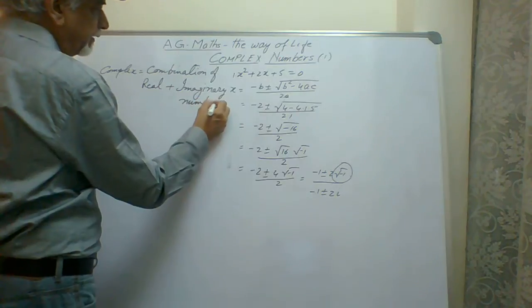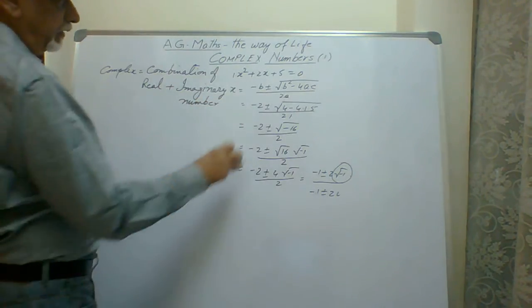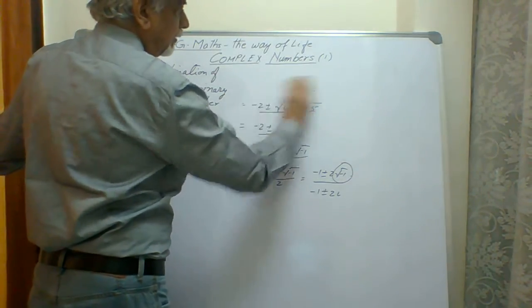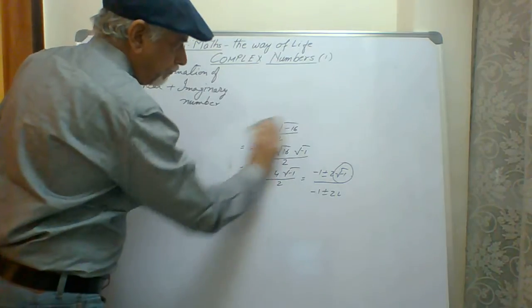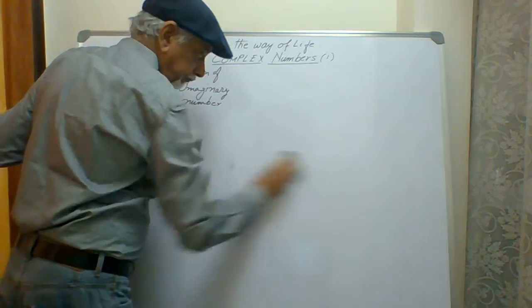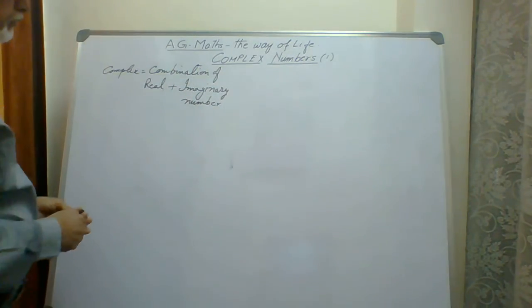Now what is that imaginary number? i, we have said, is representing the value of under root minus 1. It doesn't indicate an imaginary number. It is simply the value for root minus 1.